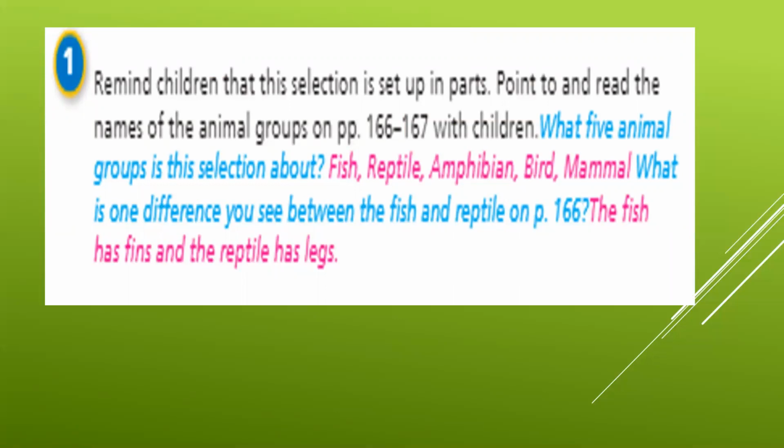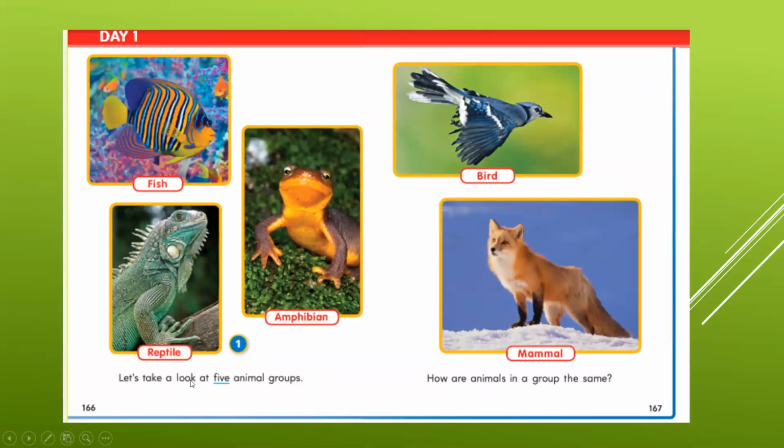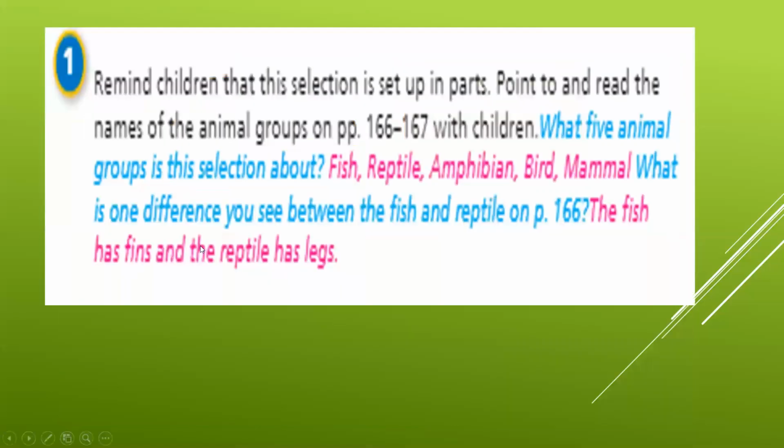What's the difference between them? Okay, let's go back again. Let's take a look at 5 animal groups. How are animals in a group the same? How are the animals in one group the same, and how are they different at the same time as well? Okay. For example, he is asking here between the fish and reptile.